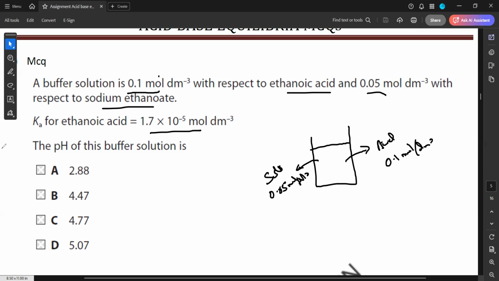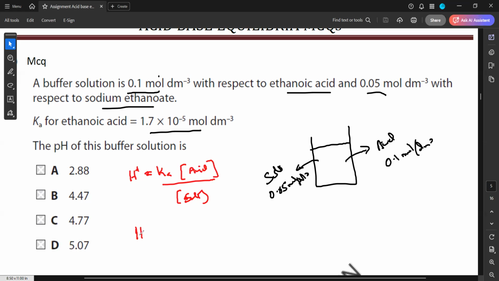To get the pH of the buffer solution, we need the hydrogen ion concentration. What is the formula to calculate it? The hydrogen ion concentration is equal to the dissociation constant Ka times the concentration of acid divided by the concentration of salt. We already have the concentration of acid and salt, so we just need to get the hydrogen ion concentration.